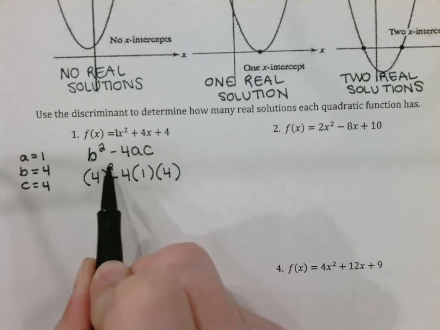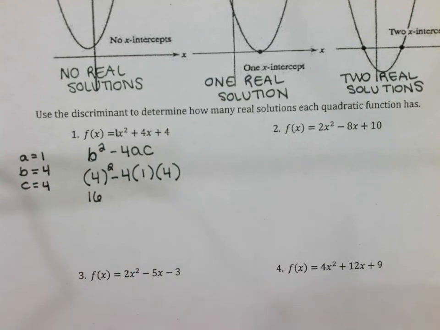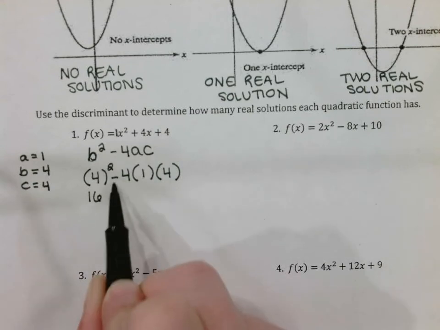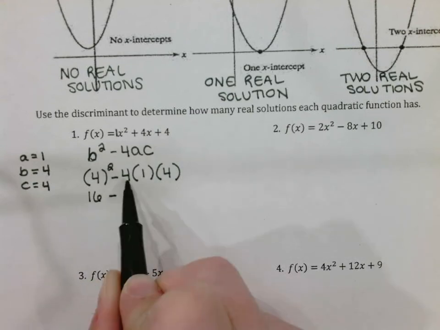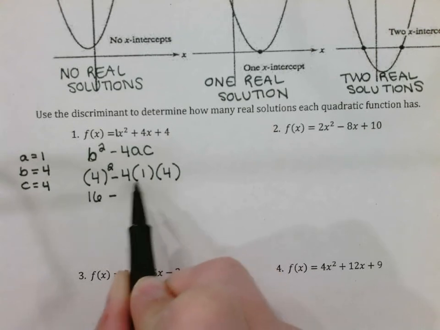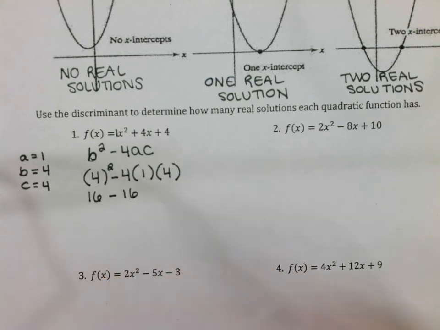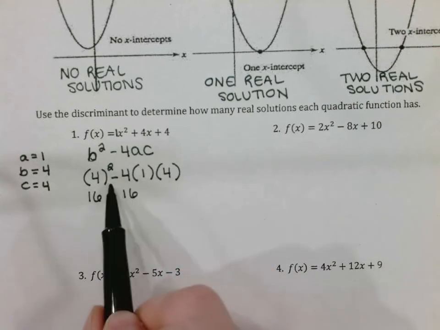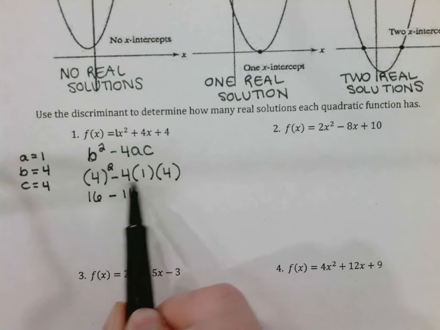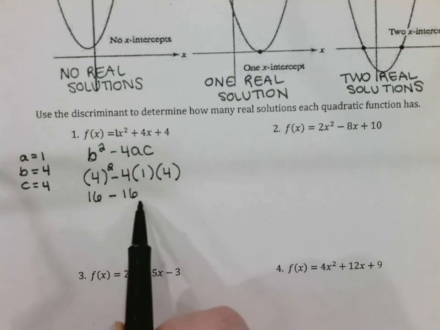So 4 squared, that means 4 times 4, that's 16. I'm going to bring down my minus sign, and then I have 4 times 1 times 4. 4 times 1 is 4, and then that times 4 is 16. You can also think of this as negative 4 times 1 times 4, and you still get negative 16.